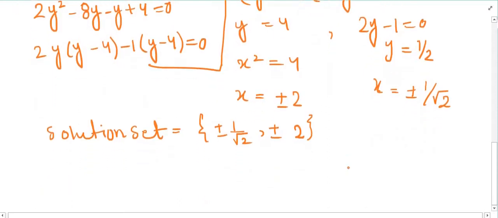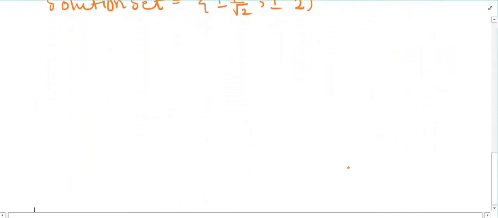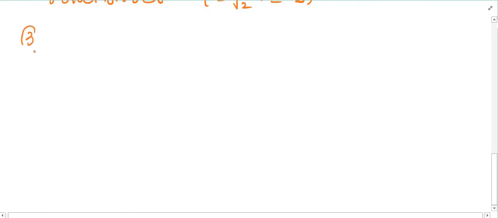Okay. Question 3. 5x^(1/2) equals 7x^(1/4) minus 2. Okay, what to do with this?